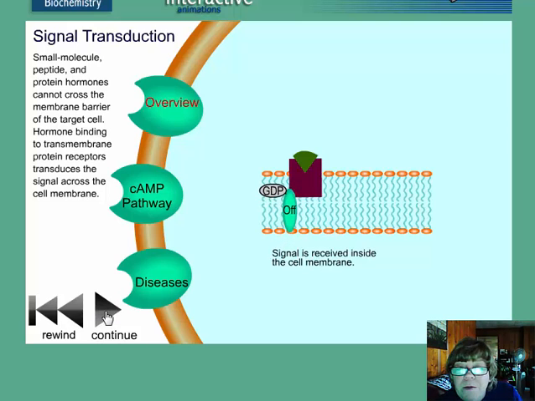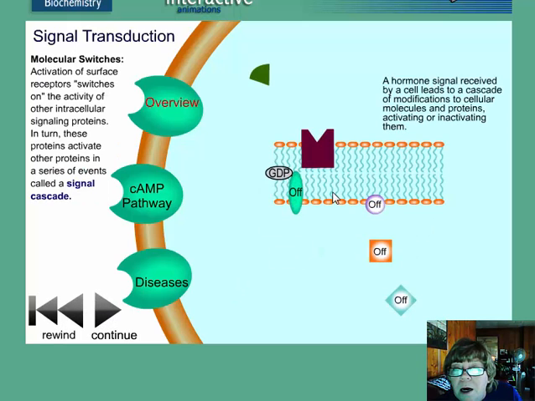Okay? Then what happens is that signal can be picked up and then it's turned on inside the cell membrane. Don't worry about the GDP and GTP right now, although you will notice that a phosphate was picked up. All right? So what will happen is the hormone signal can lead to what's called a cascade of modifications that will either activate or, you may need to inactivate, something. All right, please watch what happens. And we're going to watch this hormone come down here.